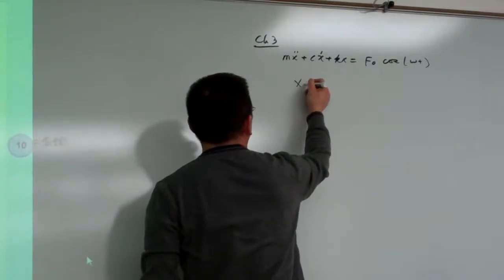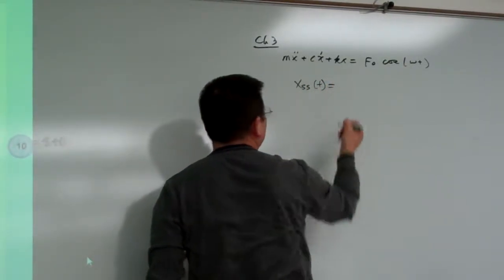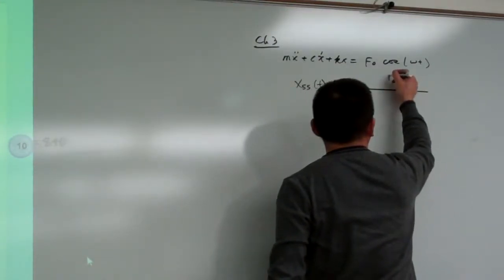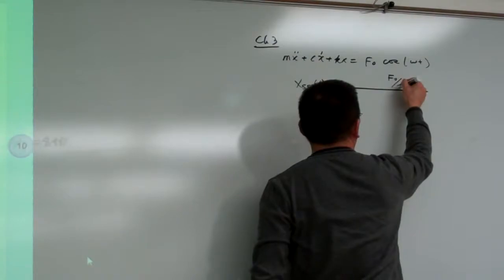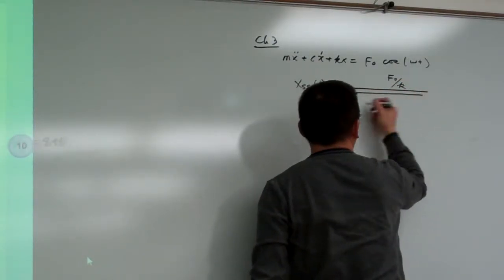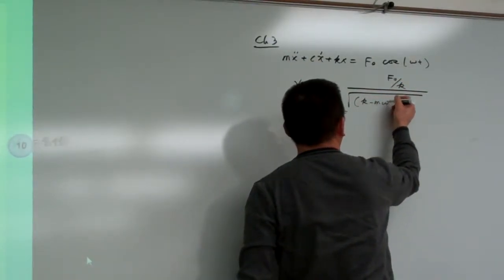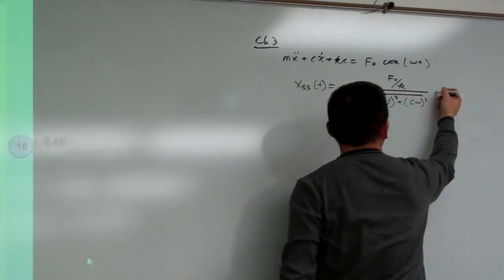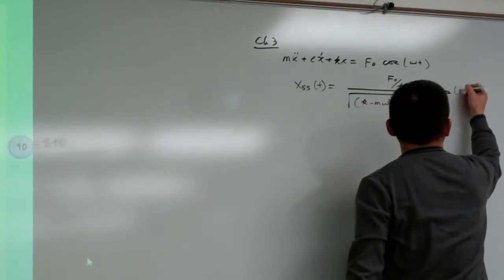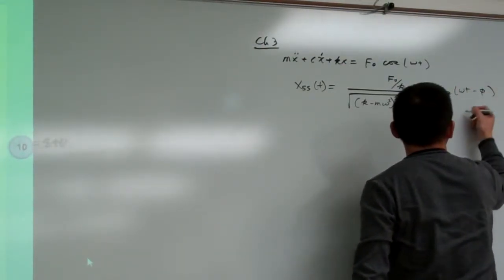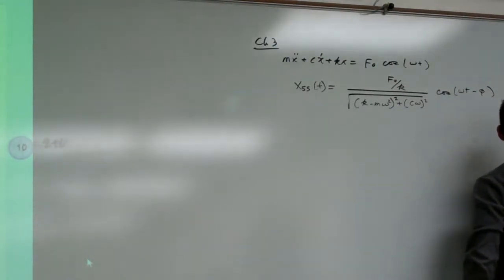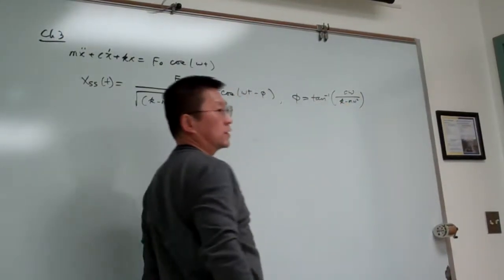We know the steady state response can be written with the magnitude F0 divided by k, over the square root of (k minus m omega squared) squared plus (c omega) squared, times cosine omega t minus phi, and phi equals arctangent of c omega over (k minus m omega squared). So that is our template.